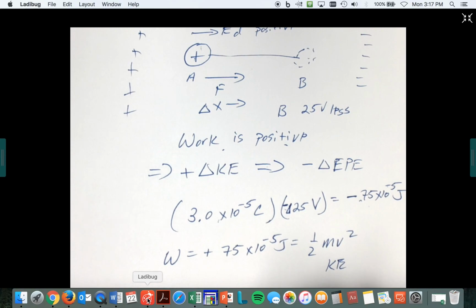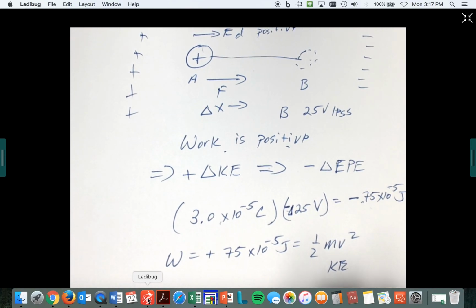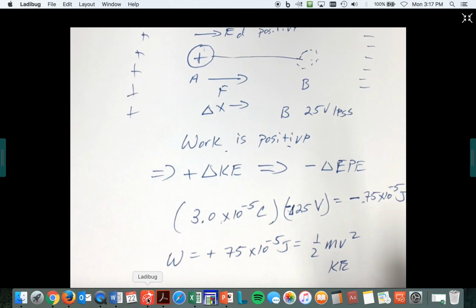And when I plug in all the numbers, I get about 9.13 meters per second.